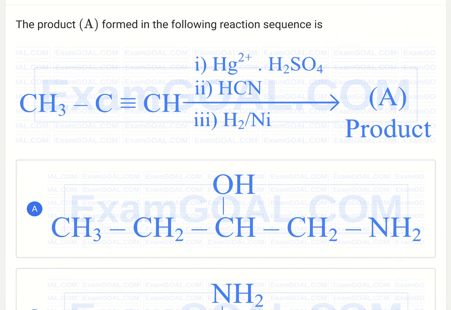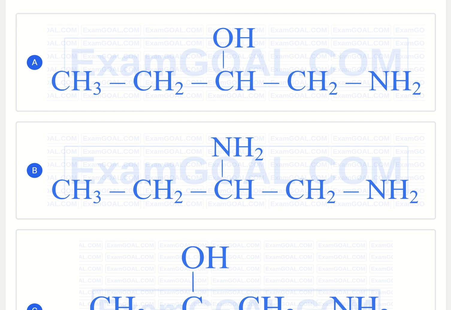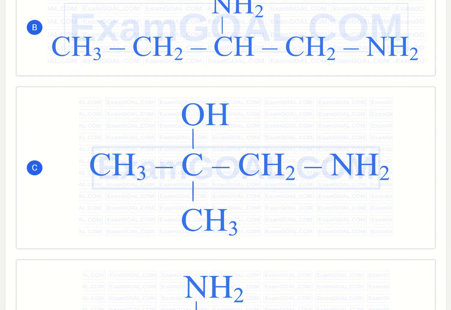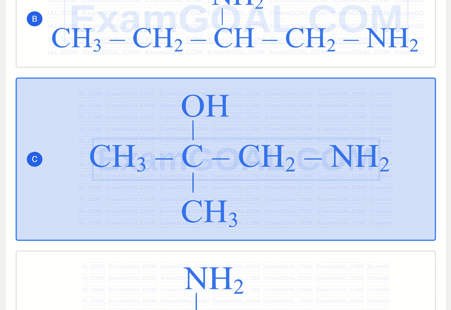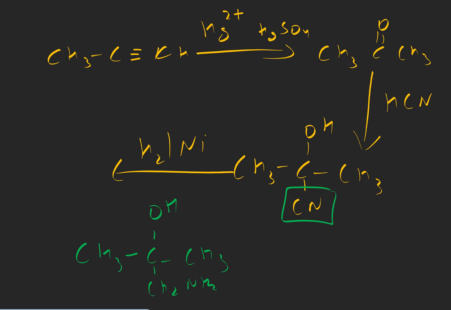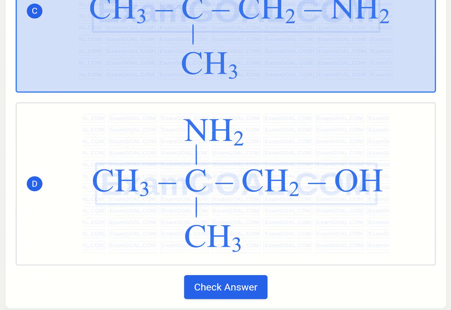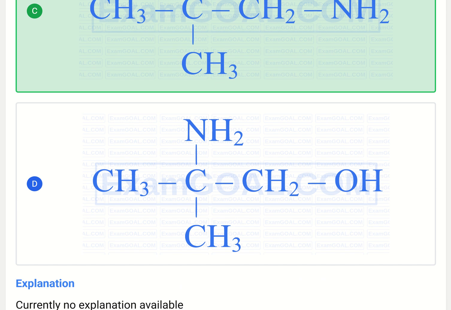So option number 1 is not my option. B. Okay, NH2, no, not our option. OH must be there. And C. Yes, C is our option. Just check match from the reaction. Yes, it is the same. So we will go with the C as my right answer. Yes, we got this answer again right.